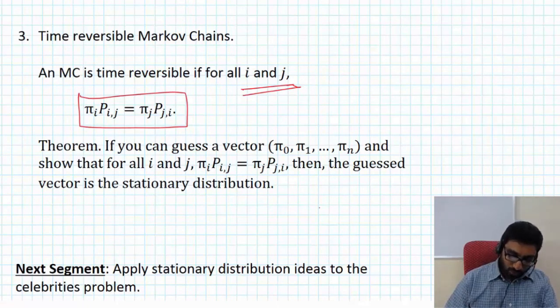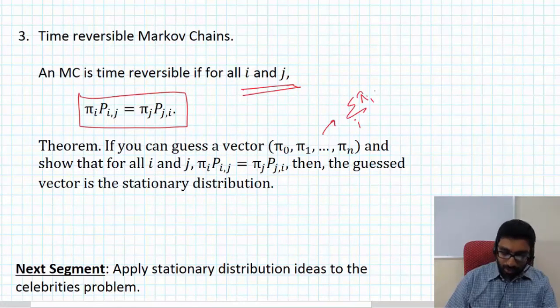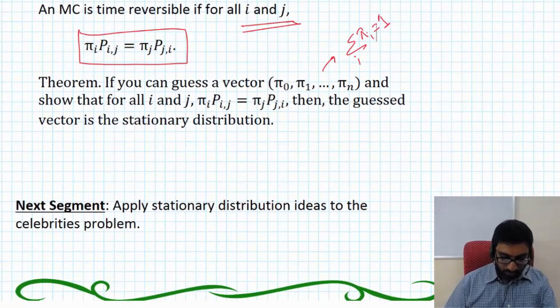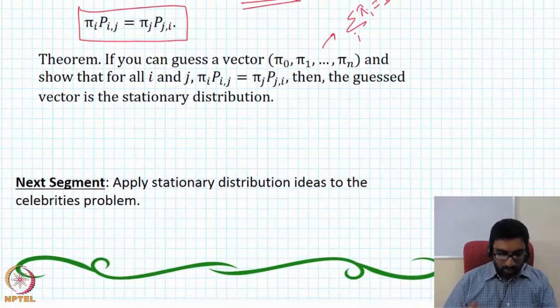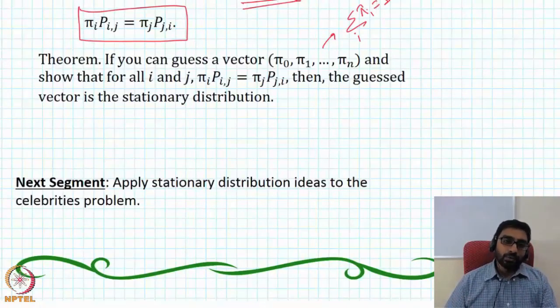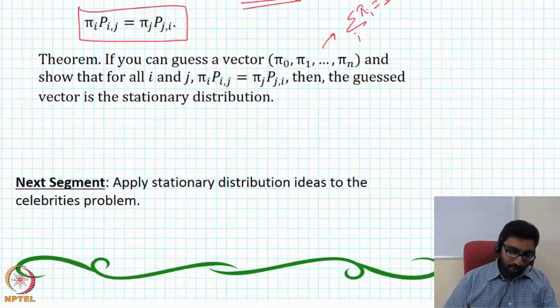Of course, you also want the summation over all pi i's to equal 1. So this is a guess and check technique for computing the stationary distribution of a time reversible Markov chain.